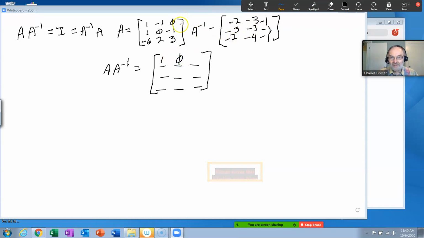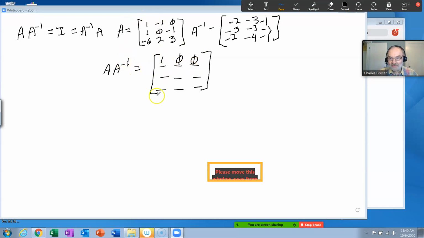Good deal. The 1, 3 entry, first row, third column, is negative 1 times negative 1 is 1, negative 1 times negative 1 is a plus 1, and 0 times that is 0, so negative 1 plus 1 is 0, plus 0 is 0. So far, so good.